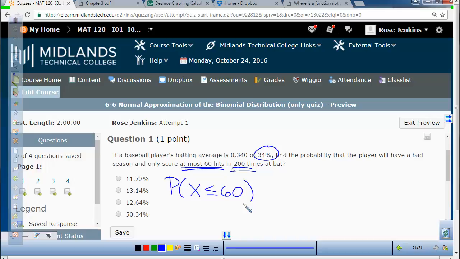Okay, but if we're talking about less than or equal to 60, before we had fancy calculators, we had to do a whole bunch of number crunching to get this answer. Or we could use this approximation method. If you look back in the course notes, you'll see an illustration of a binomial distribution, and you can see that it looks approximately normally distributed. So we were able to use the normal distribution to make the approximation.